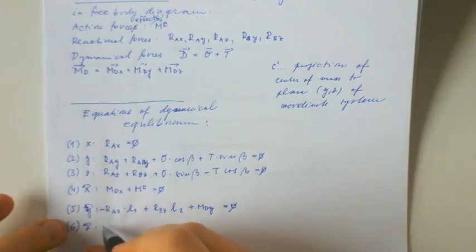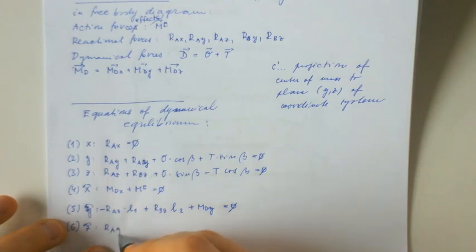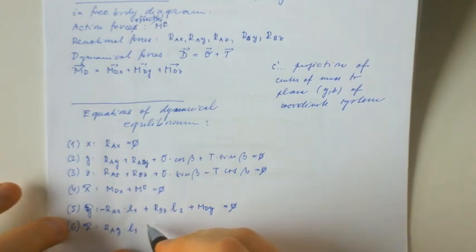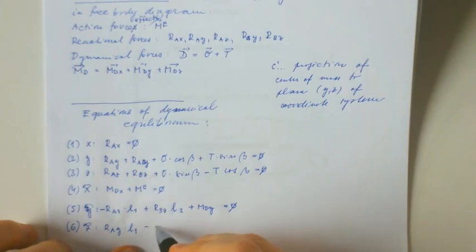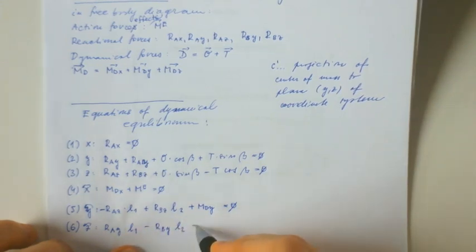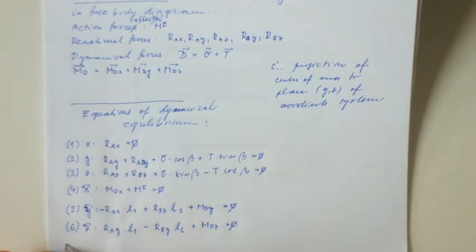So there is a moment R_Ay on L1 length minus R_By on L2, and finally mdz is equal to 0. And this is almost all.